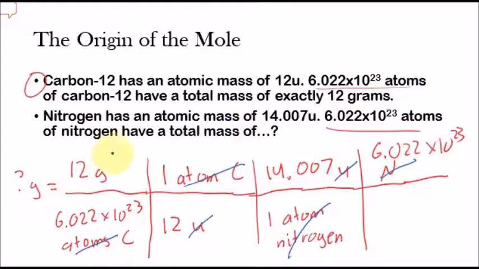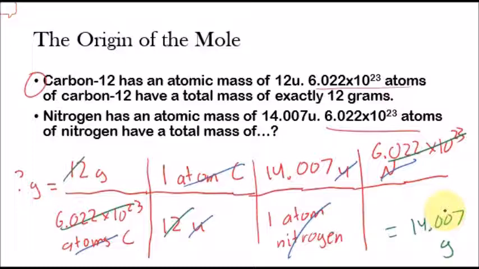The numbers also cancel out: 6.022 times 10 to the 23rd cancels with 6.022 times 10 to the 23rd, and 12 is canceled with 12. What we're left with is 14.007 grams. And so what this is telling us is that 6.022 times 10 to the 23rd atoms of nitrogen has a mass of 14.007 grams.